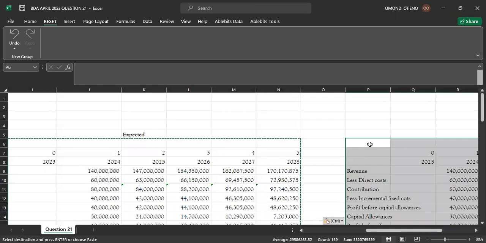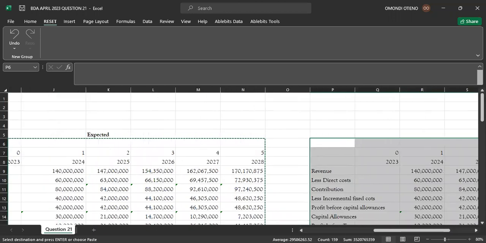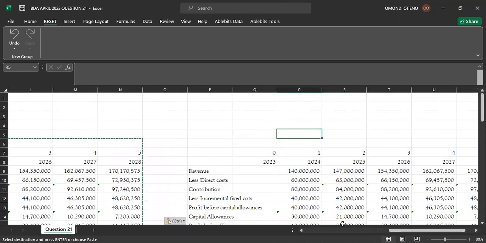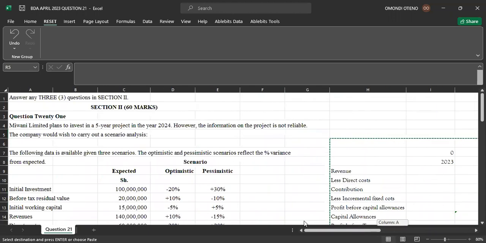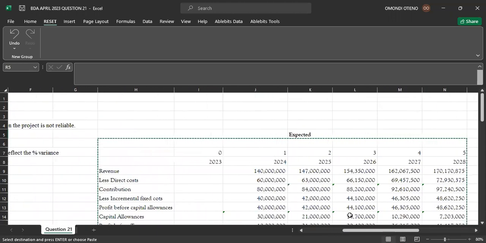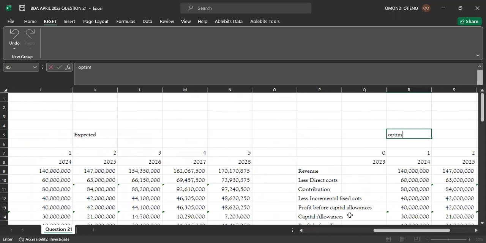Control V, then you say this one is going to be optimistic. So just copy and paste that optimistic.